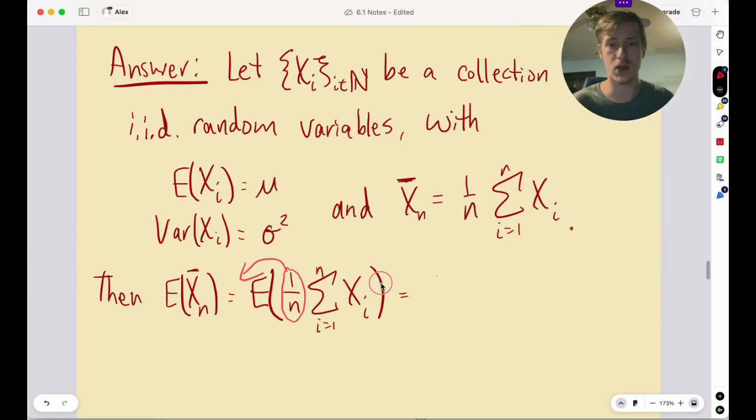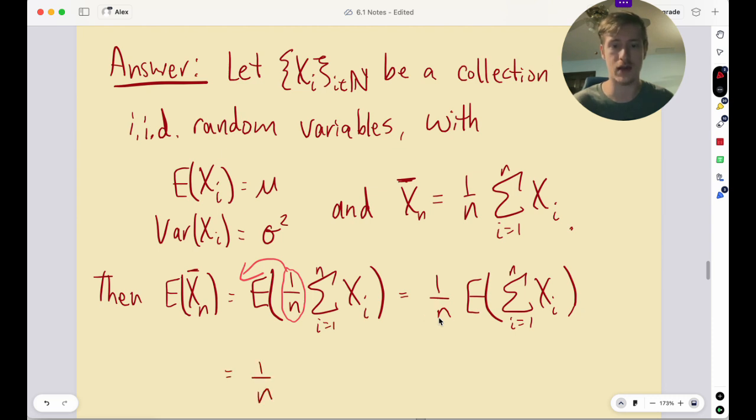So this is going to be 1 over n times the expected value of this sum. One of the nice properties of the expected value is that the expectation of a sum is the sum of the expectations. So this is really just going to be equal to 1 over n times the sum from i equals 1 to n of the expected value.